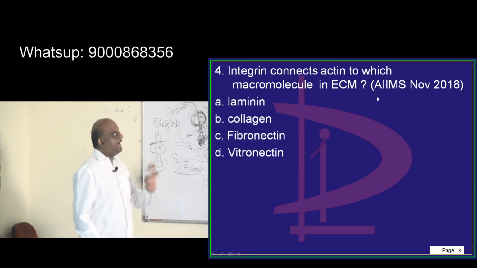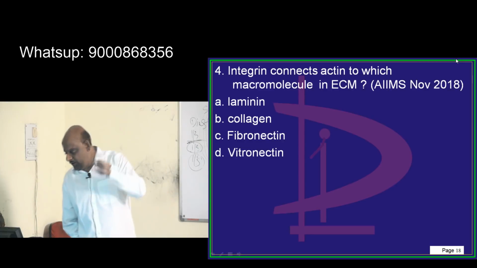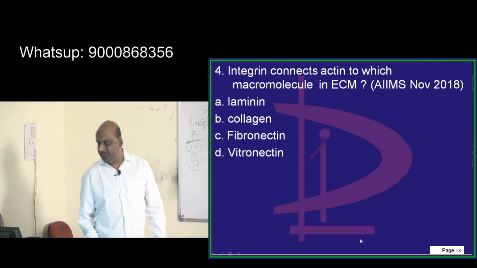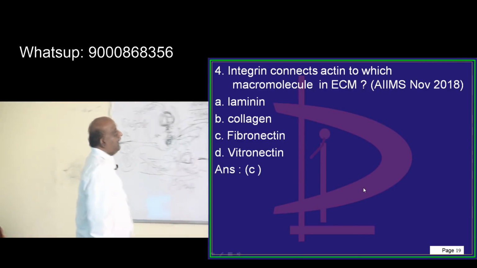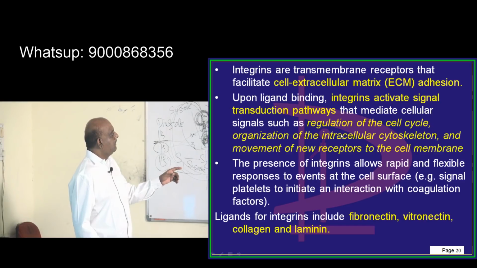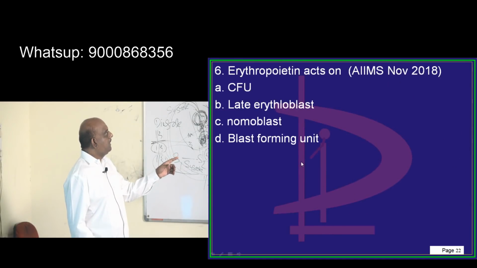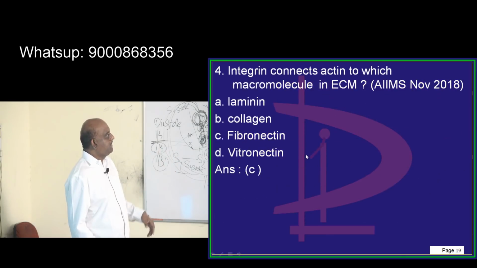Integrin connects to the actin through which macromolecule in the extracellular matrix is a very important question. It is the fibronectin. Typically, I have one illustration actually, somewhere it got missed.